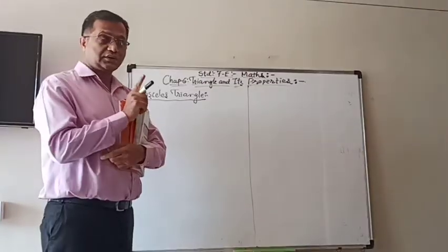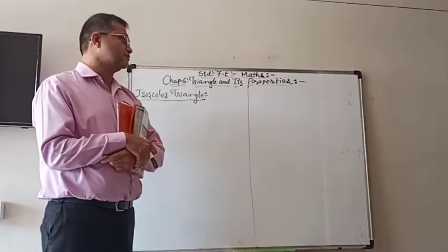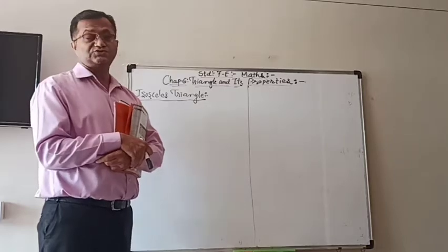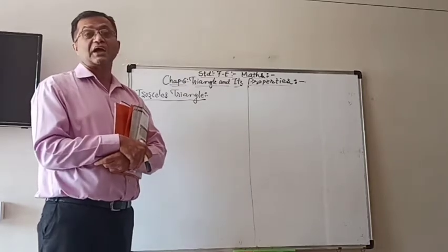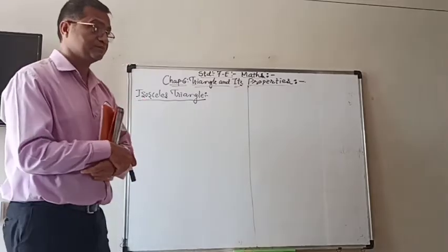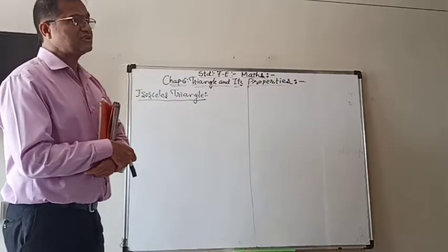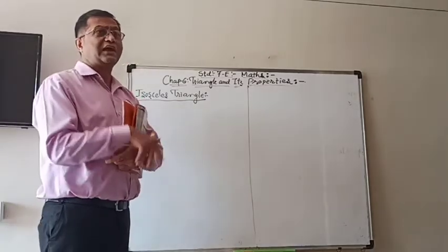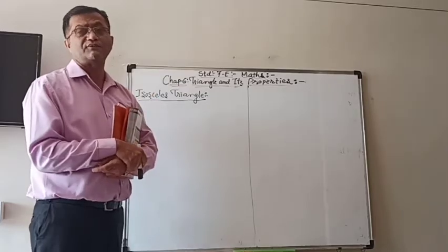Now, after the equilateral triangle, there is another special type of triangle, that is the isosceles triangle. In an isosceles triangle, any two sides are of equal length.